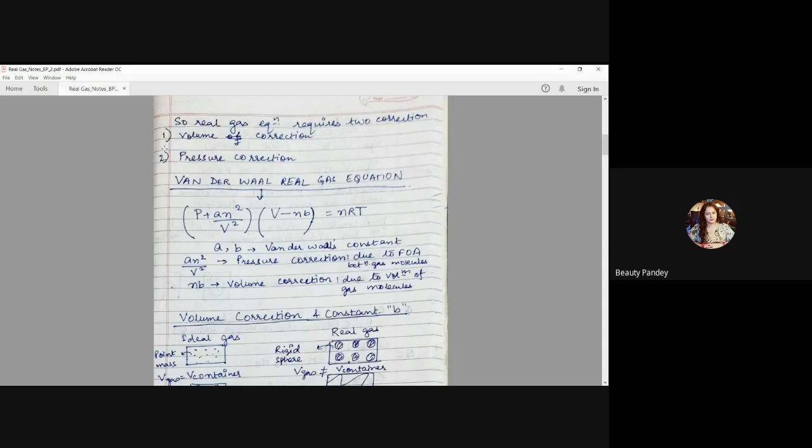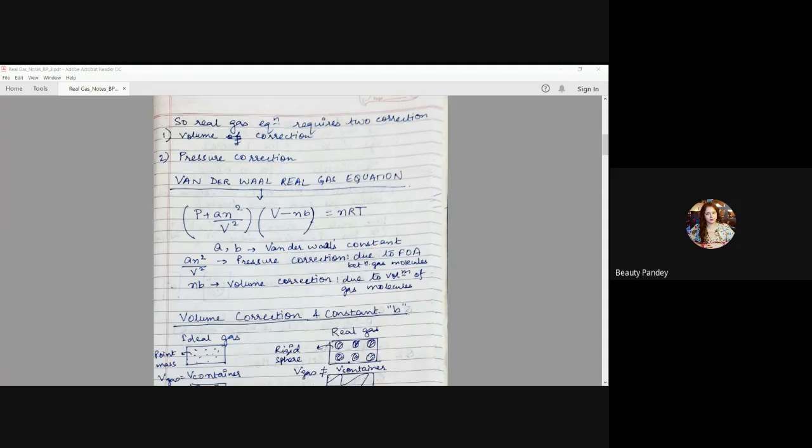These rigid spheres have some volume, and the total volume is always the volume in which the gas is freely moving. So, in order to find the total volume in which the gas is able to move freely, we have to subtract the volume of the gas from the total volume of the container, right?